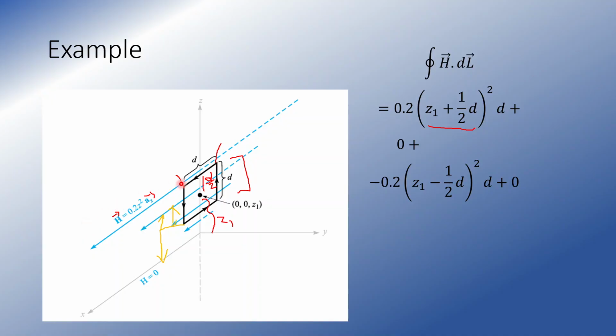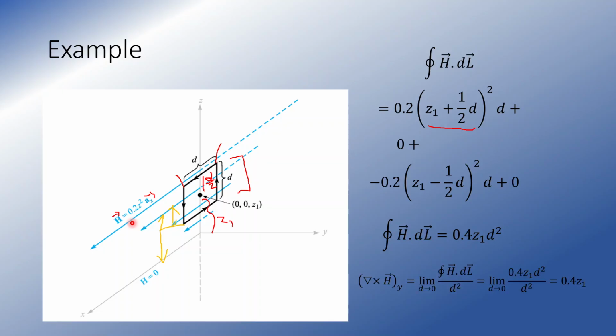And lastly, the fourth one, distance d is in the positive z direction, and as per the given instruction, in the positive z direction H is 0. When we add everything, we get H dot dl as 0.4 z1 d square.